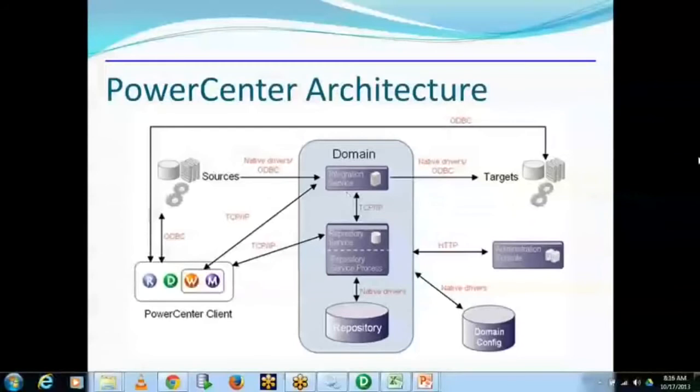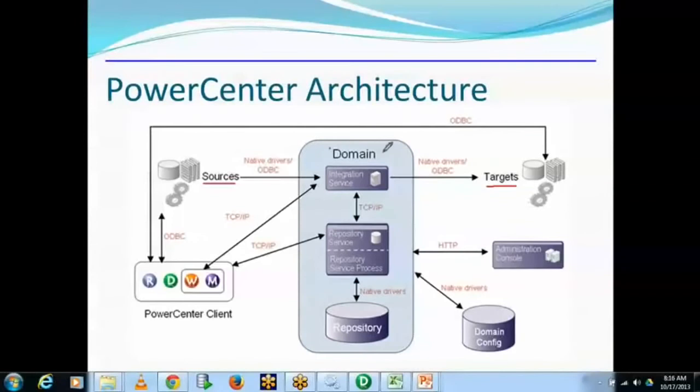So the first thing is, what are the different kinds of sources which will be connected to Informatica? We can have relational, flat file, applications, and unstructured data formats as sources, similarly as targets. Now those sources and targets can be connected to the domain.